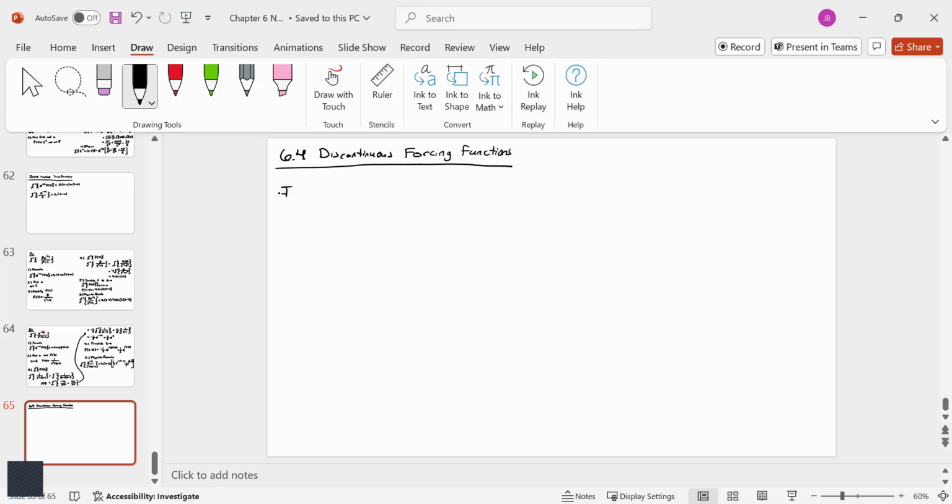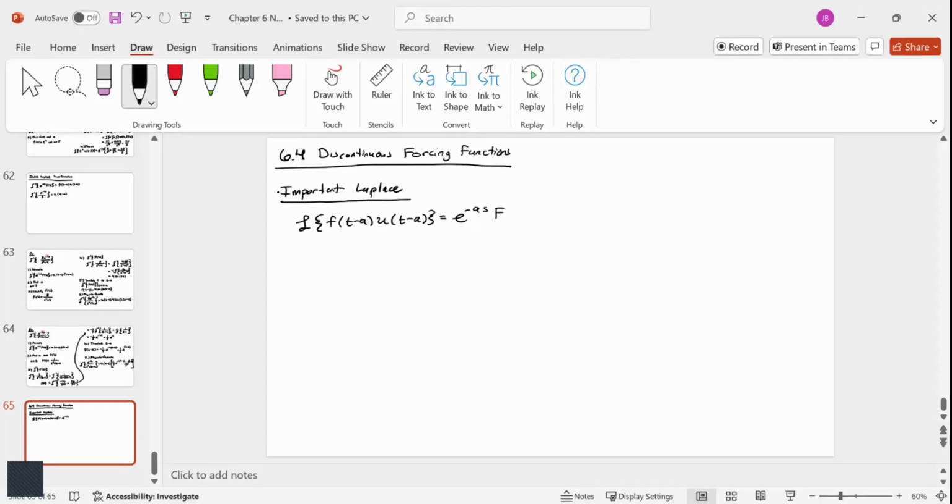So just an important Laplace to remember, because we're going to use this a few times in this section. The Laplace transformation of f of t minus a times u of t minus a will be equal to e to the negative a times s, F of s, right?